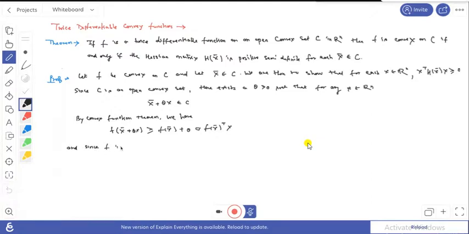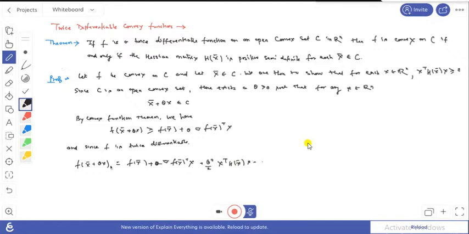twice differentiable function. So if we use Taylor's theorem, second order, this equals f of x bar plus theta times the gradient at x bar transpose x plus theta square by 2 x transpose H(x bar) x, and there are more terms.